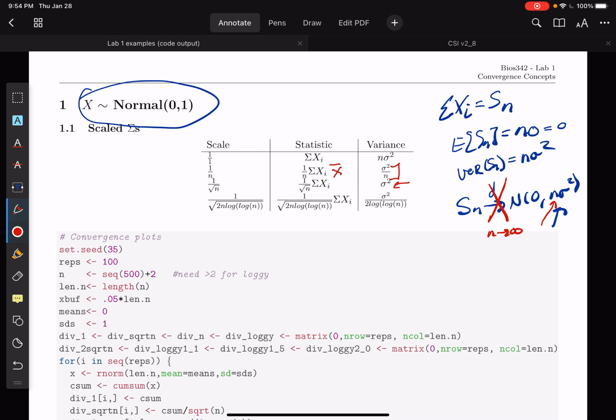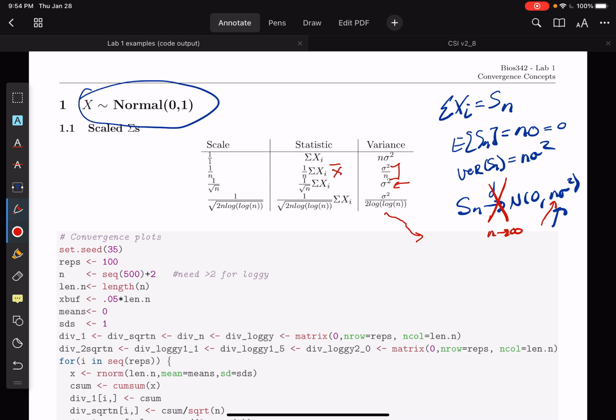If I divide by the square root of 2n log n, I've added that square root of 2 from the law of the iterated logarithm, which was the limit, then its variance is sigma squared over 2 log n. So this variance is getting smaller, but very, very slowly.